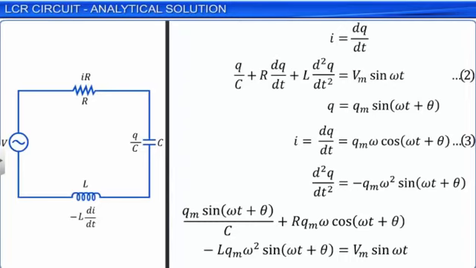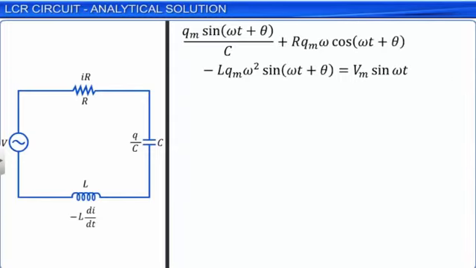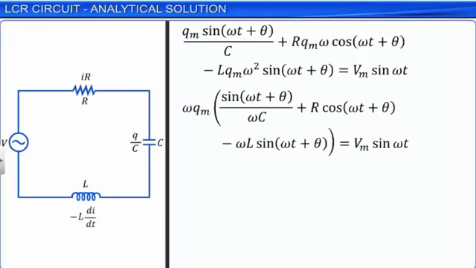Taking omega Qm common on the left-hand side and rewriting the expression, we get omega Qm into [sin(omega t plus theta) by omega C plus R cos(omega t plus theta) minus omega L sin(omega t plus theta)] equal to Vm sin omega t.